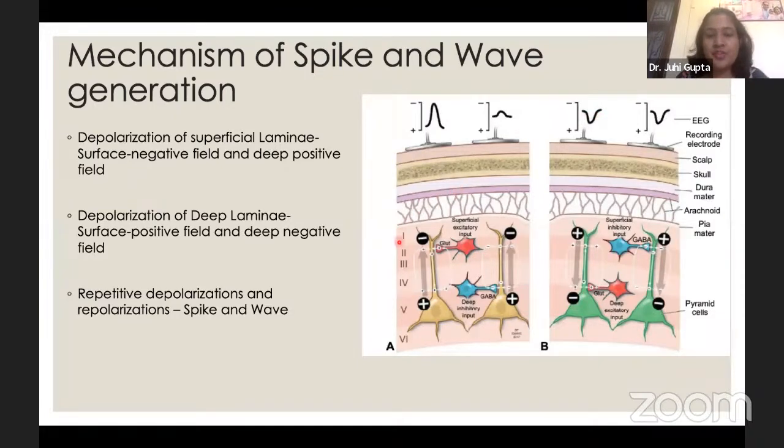So if the superficial lamina is depolarizing, we get a surface negative field and a deep positive field. If there is depolarization of the deep lamina, then you get a surface positive field, this one. So in a seizure, when you have a rapid depolarization and repolarization, that's when you get an upward and then a downward and then an upward deflection, which is a spike and wave generation.